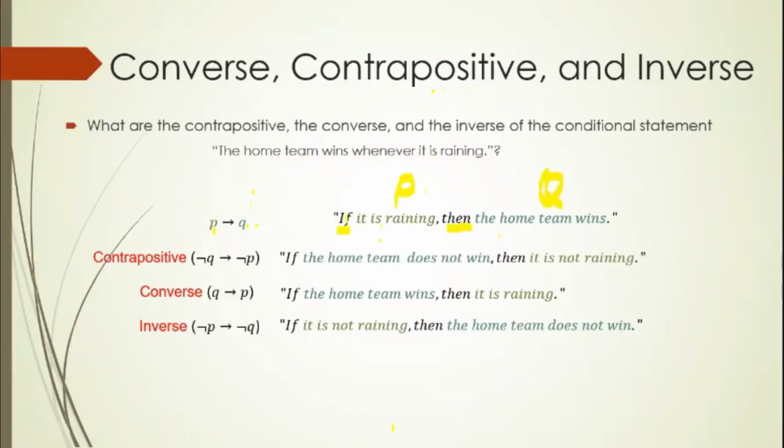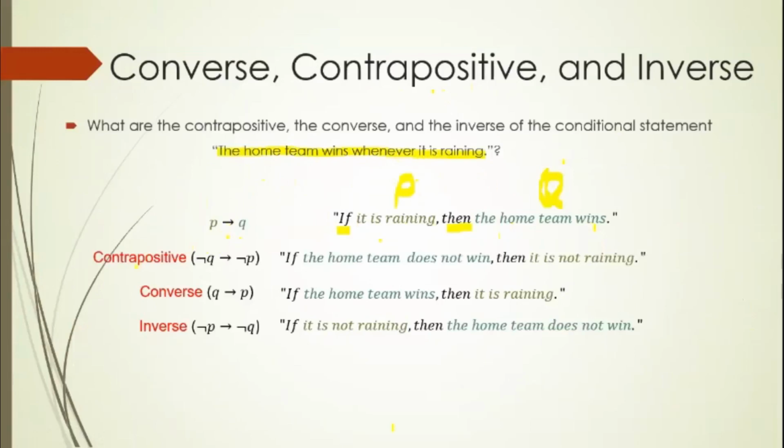So this is if P, then Q. If it is raining, then the home team wins. Do you think that they have the same meaning? The home team wins whenever it is raining. So we have converted this statement to this: if P then Q.